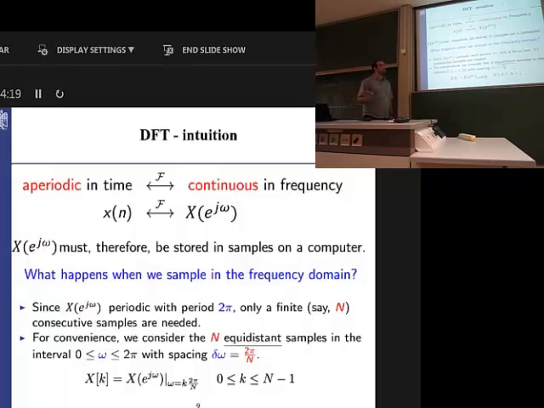If we take N samples, then we should probably be able to reconstruct the signal completely without losing any information. That means the DFT samples are DTFT samples taken every k·2π/N.